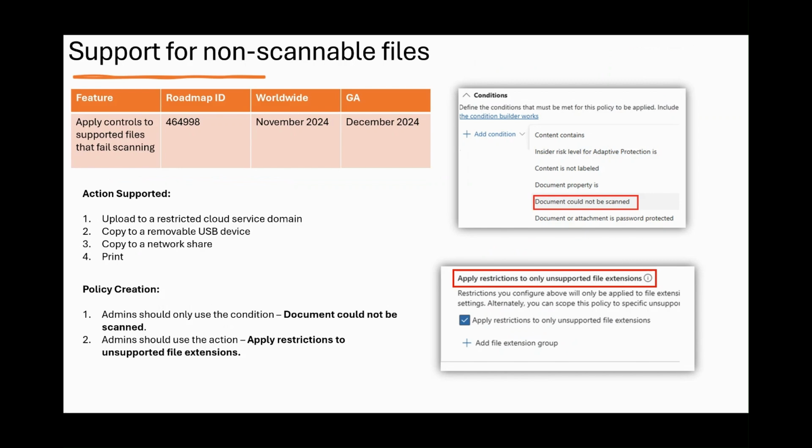We also need to understand that the following actions are supported as of now: upload to a restricted cloud service domain, copy to a removable USB device, copy to a network share, and print.